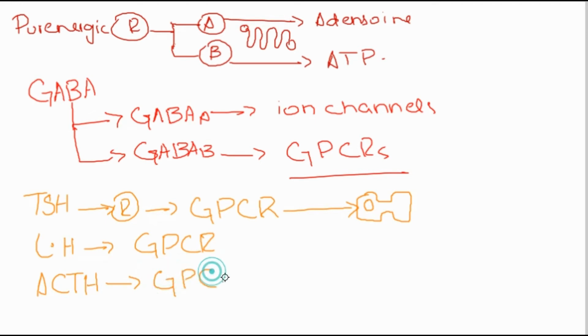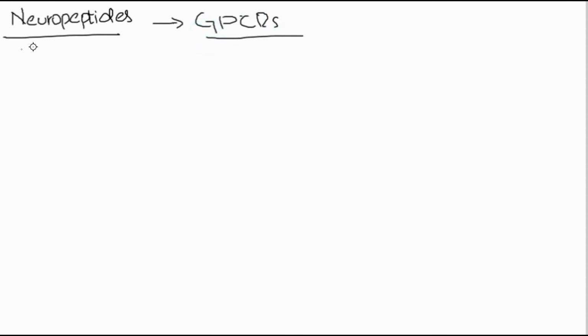It is also G protein coupled receptors. Now, rhodopsin present in the eye also acts by G protein coupled receptors. The neuropeptides present in our body, all of them are G protein coupled receptors.